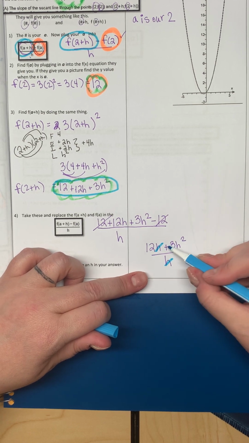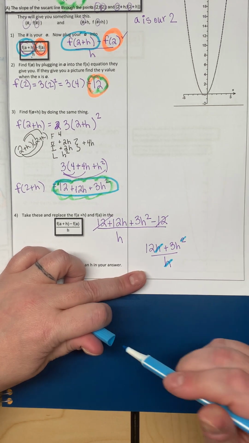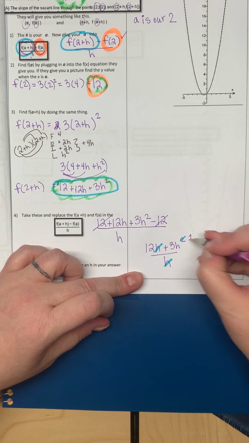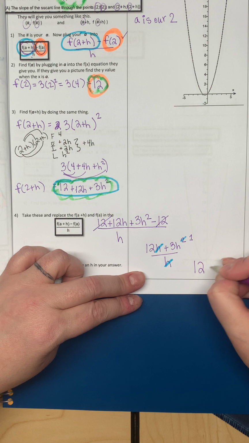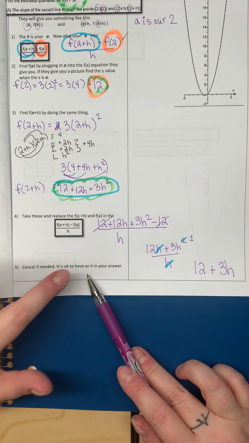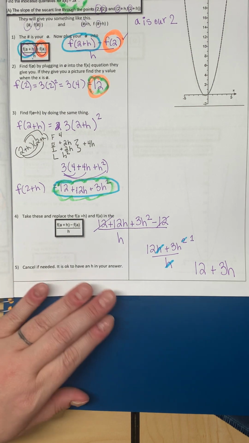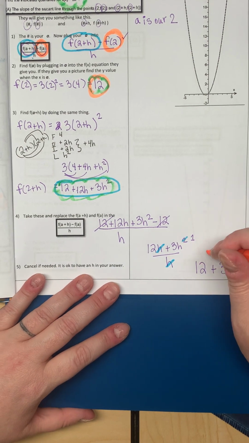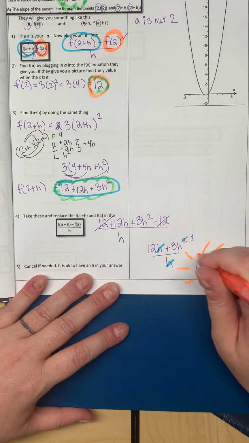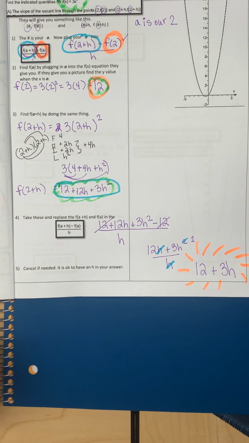The h squared on the 3 just becomes an h to the first power. So we just have 12 plus 3h. And step 5 says it's okay to have an h in your answer. Woohoo! So our final answer is 12 plus 3h. And we did not have to use our graph. Thank goodness.